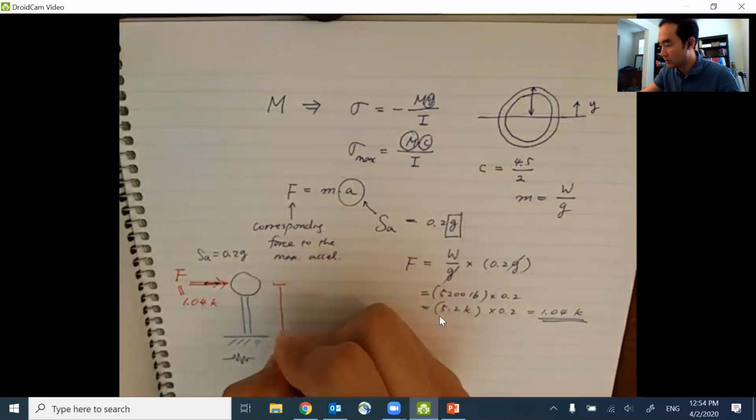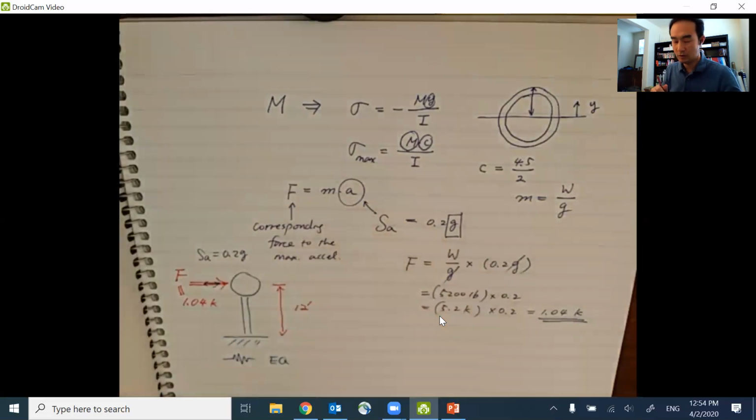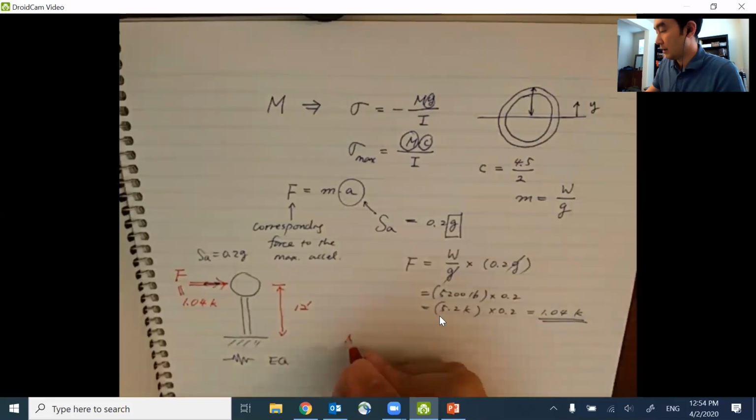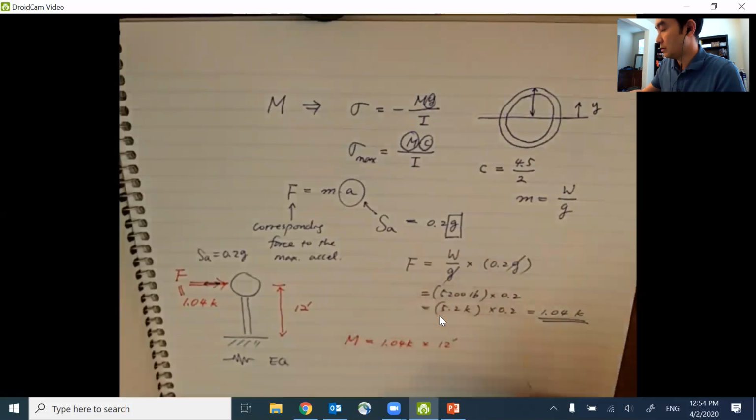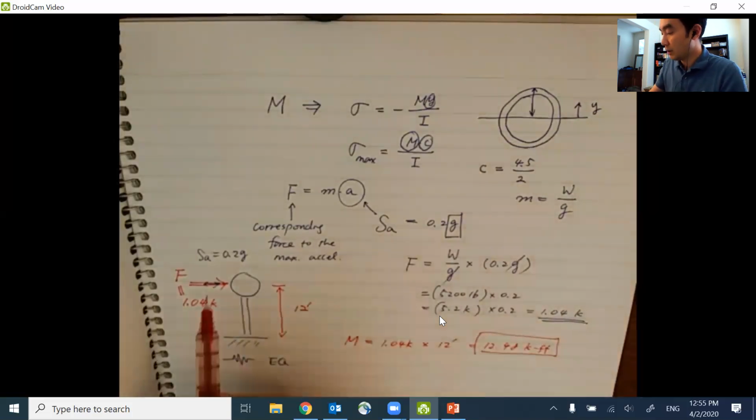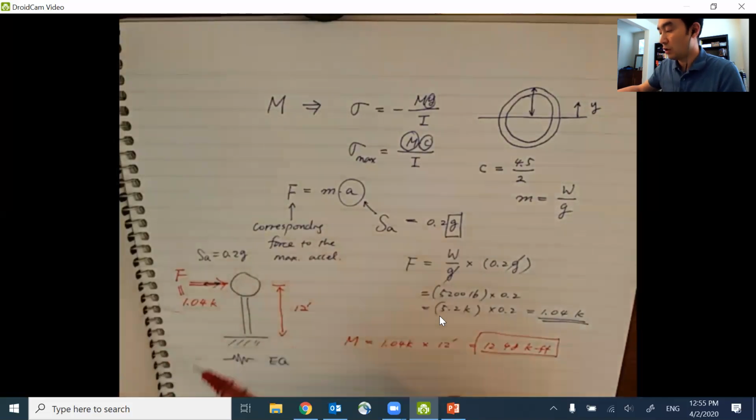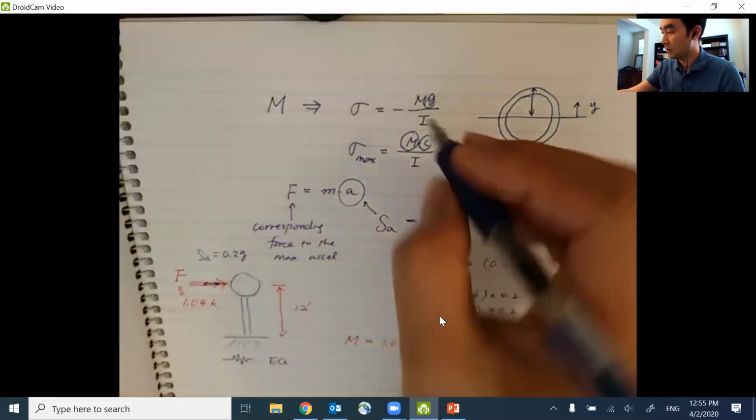And this distance was given as 12 feet. So from there, we should be able to find out the moment as 1.04 kips times 12 feet, right? So it's going to be 12.48 kip feet. That is going to be the moment created by this inertia force 12 feet above the ground due to the ground motion excitation. So that moment is going to be used in this calculation.